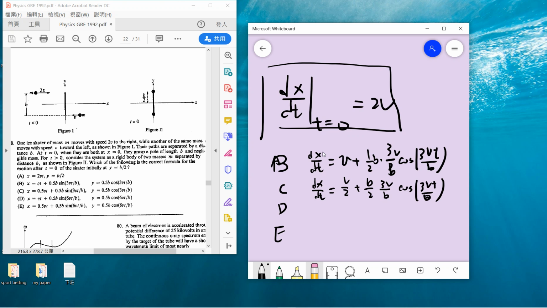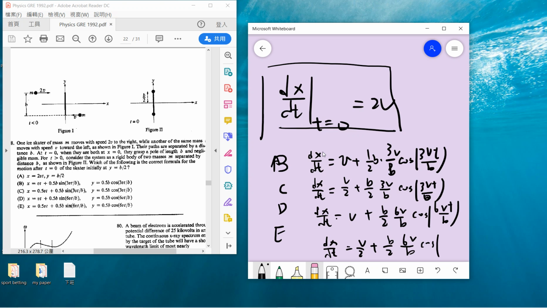D is similar: dx/dt is v plus half b times 6v over b cosine of 6vt over b. dx/dt is half v plus half b times 6v over b cosine of 6vt over b.